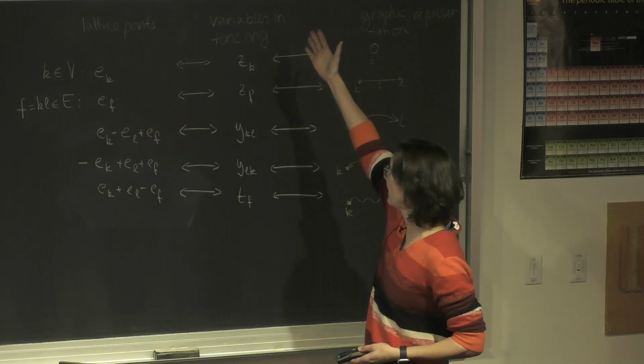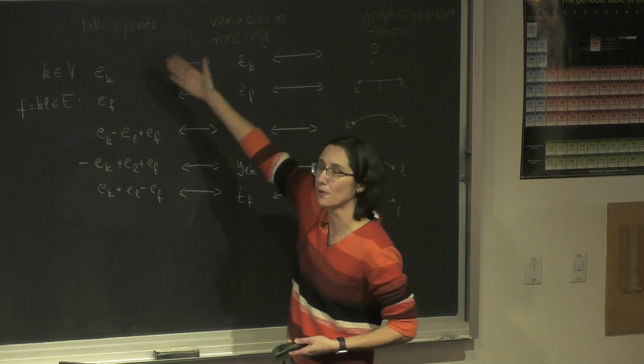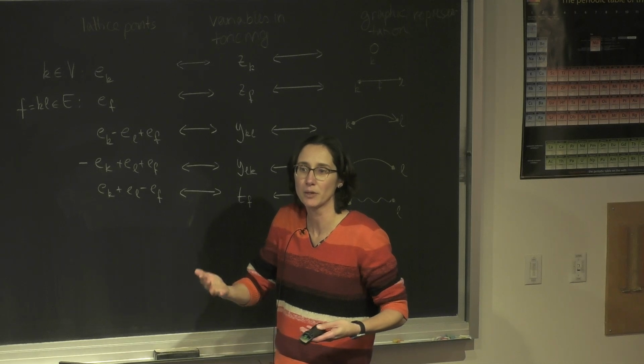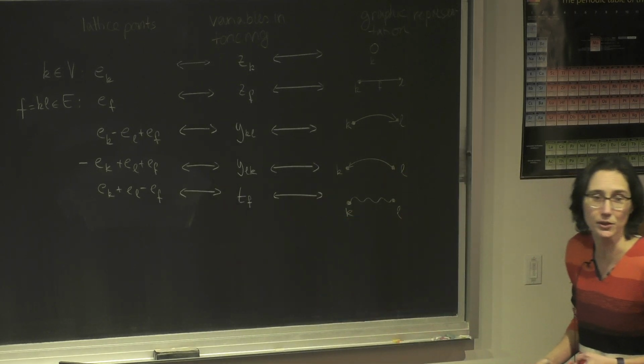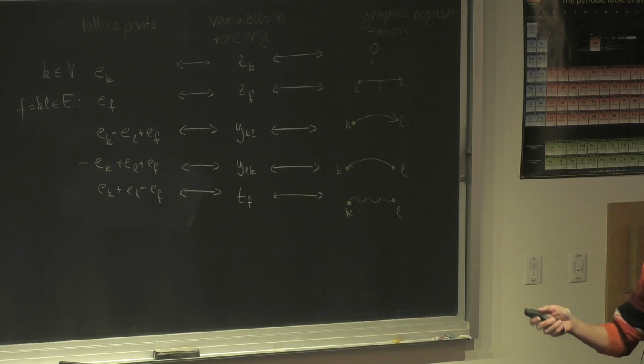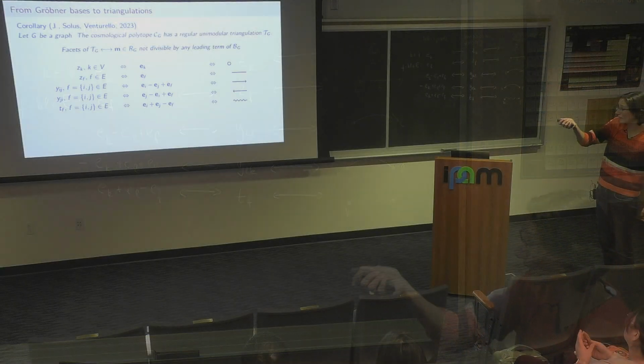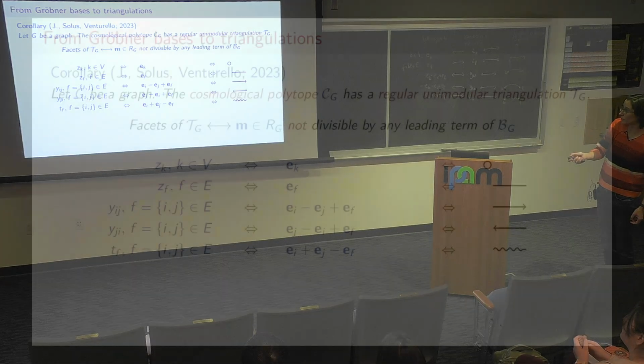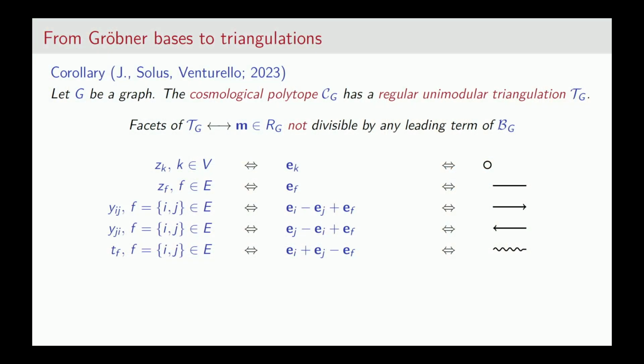So every monomial in these variables corresponds to a set of lattice points, and in this way it corresponds to a simplex, by just taking the convex hull of these lattice points. That's the idea. And I've written this out here as well. So I have the c_k variable, which corresponds to the unit vector for the vertex k. I have the c_f variable corresponding to the unit vector for the edge f, and then I have the ones which come from the vertices of the polytope.